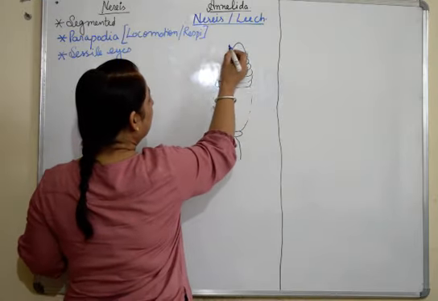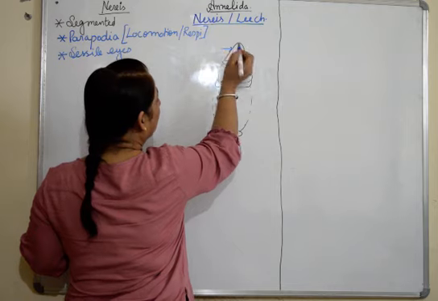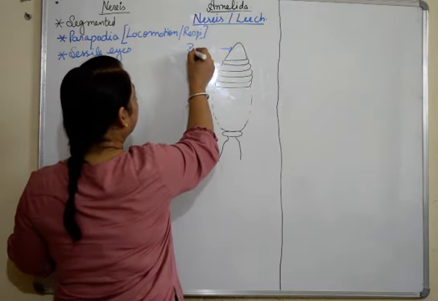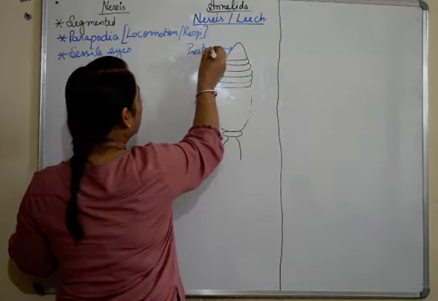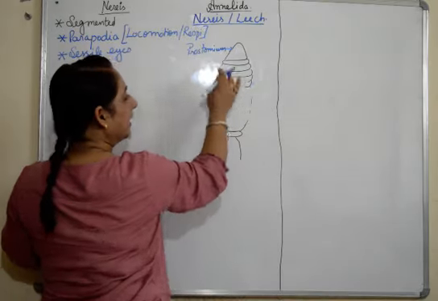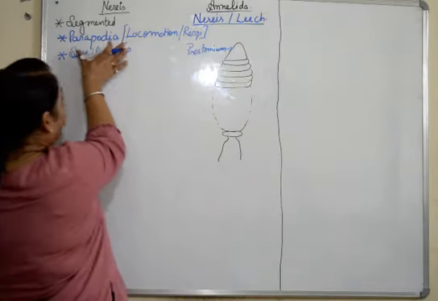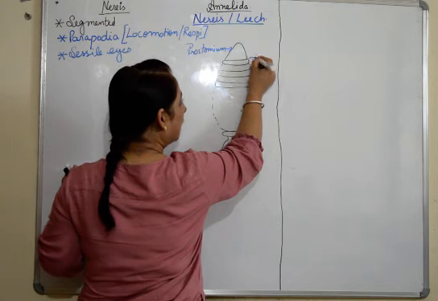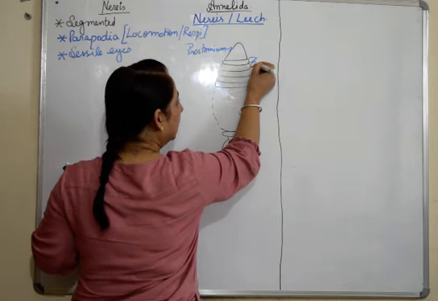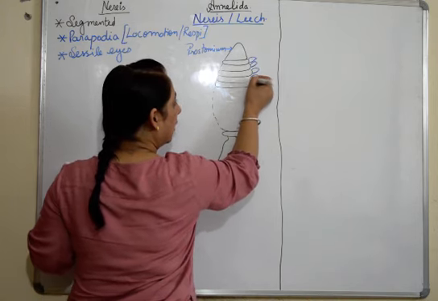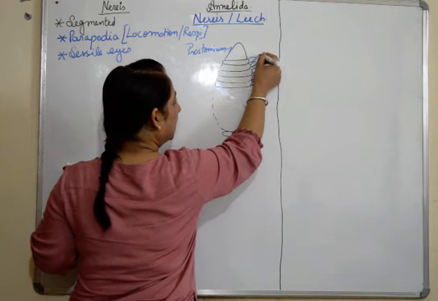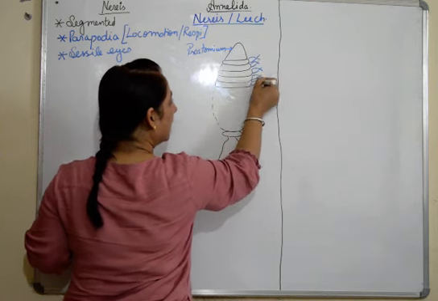The first segment is known as prostomium. Fine. The other segments I have talked about have the structure known as parapodia. From the second segment on, they have these locomotory and respiratory structures known as parapodia.